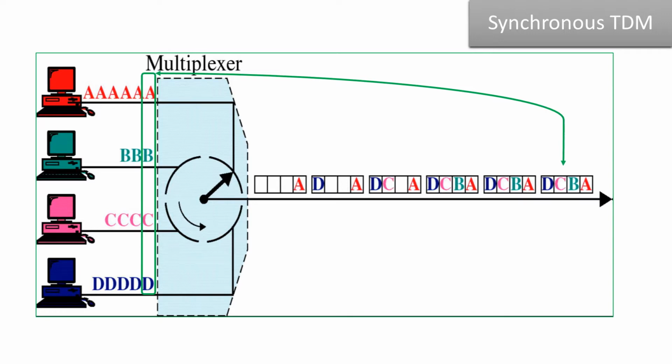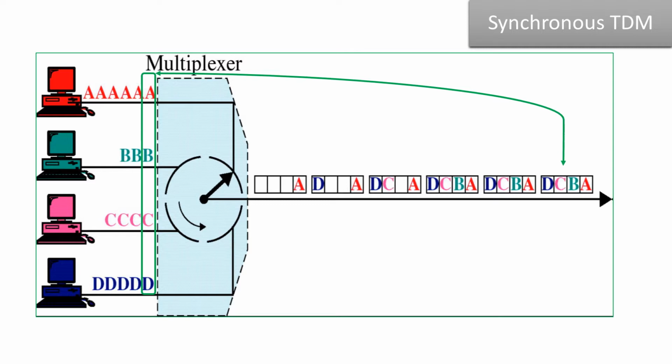Each device is given possession of the line turn by turn. If any device does not have data to send, then its time slot remains empty. Time slots are organized into frames, and each frame consists of one or more time slots. If there are n sending devices, there will be n slots in a frame.